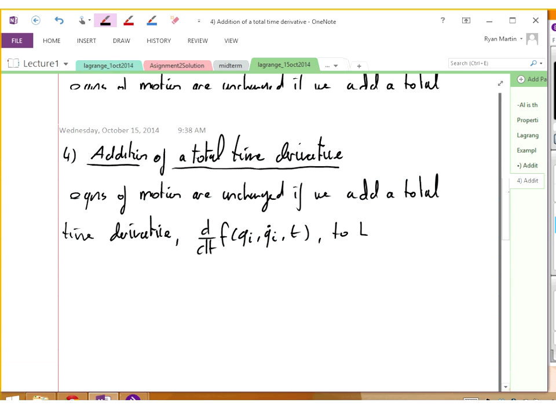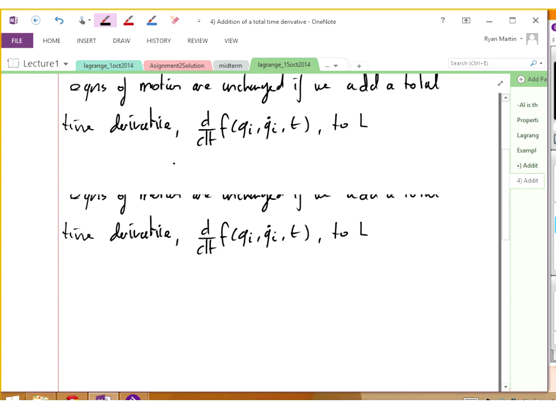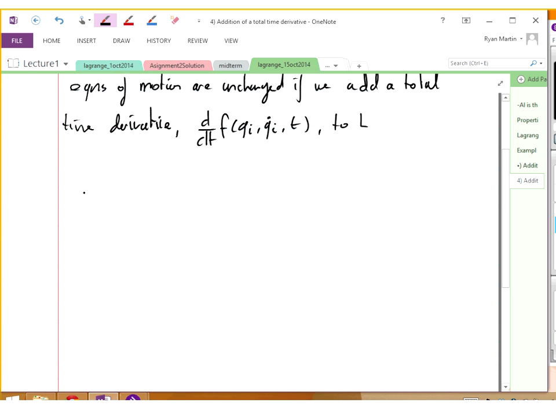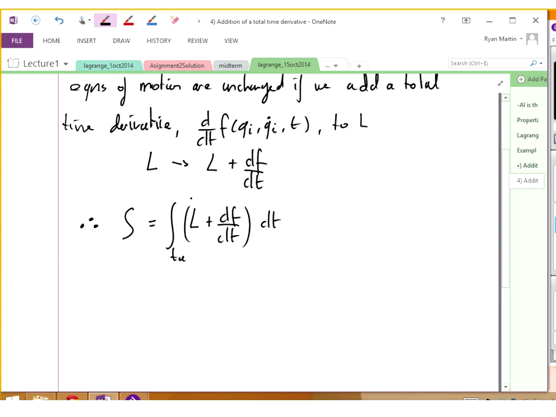So maybe that's not super obvious. That comes from Hamilton's principle. So we're going to go from L to L plus df by dt, right? So consider the action S, which is given by the integral of L plus df by dt, dt between some point ta and some point tb.